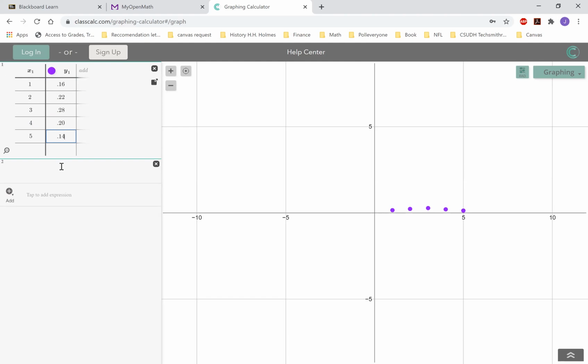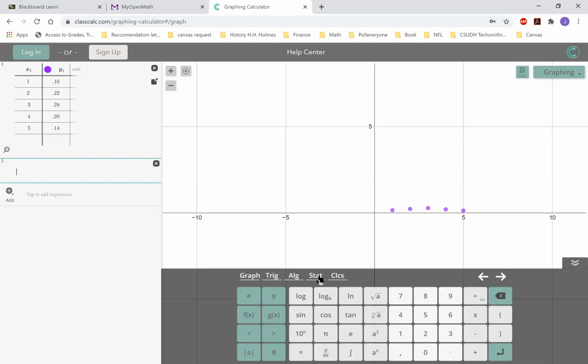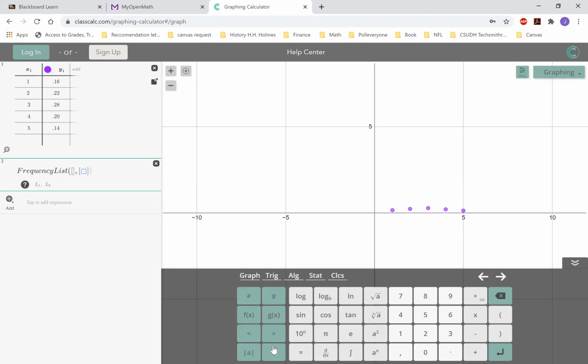So then what you want to do over here: if you remember from last time, when we did the frequency list, you want to use the frequency list again. So we want to go to stats, then advanced, and then frequency list. I'm going to say x1 is my x, and y1 is my frequency.